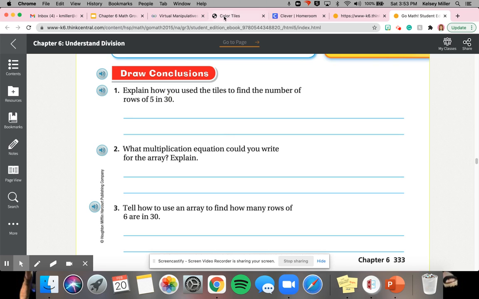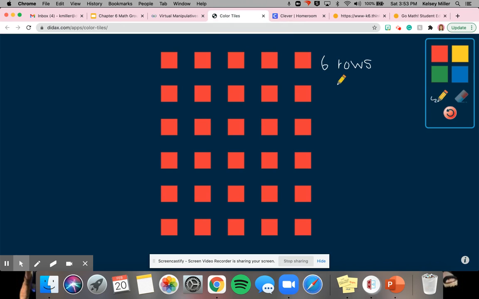So what we did, that you're going to write this down, is that we placed 30 tiles into rows of 5. Then we counted how many rows we made, and there were 6 rows. So go ahead and take a second to write that down. Explain how you use the tiles to find how many rows of 5 there were going to be.